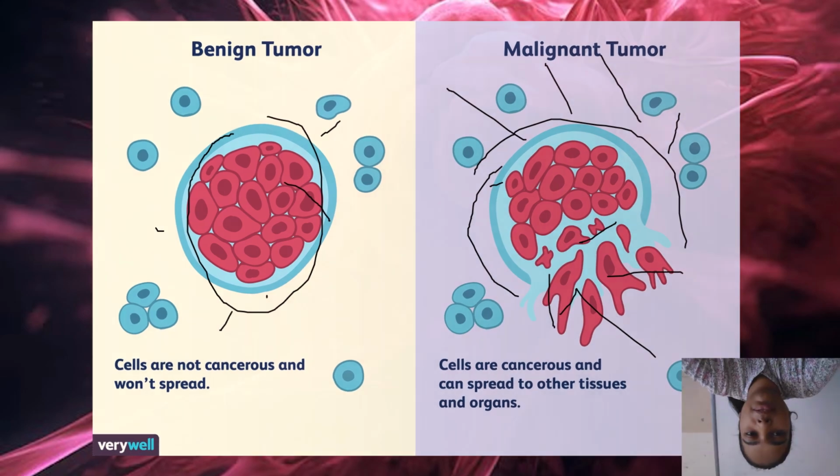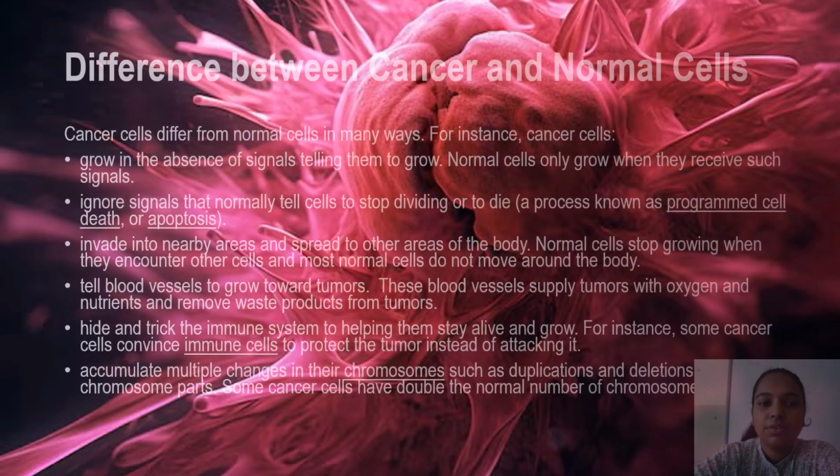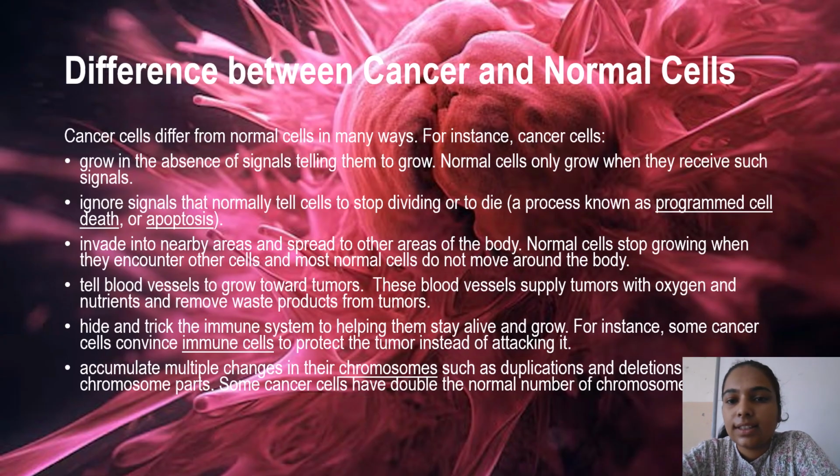Now what is the difference between a cancer and a normal cell? Cancer cells differ from normal cells in many ways. They grow in the absence of signals telling them to grow, whereas normal cells only grow when they receive such signals.